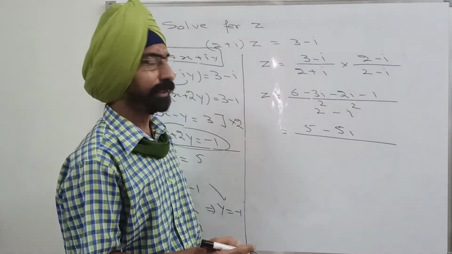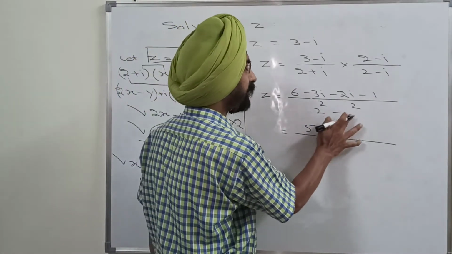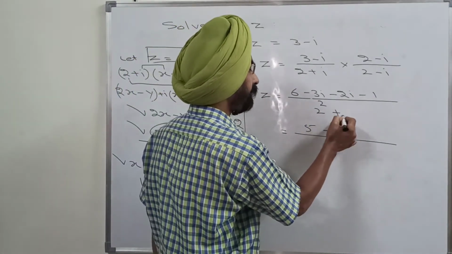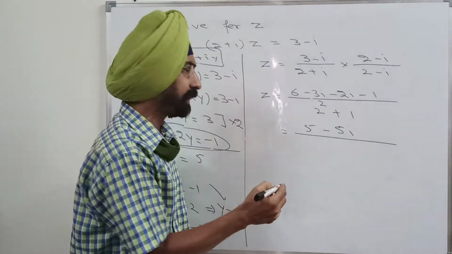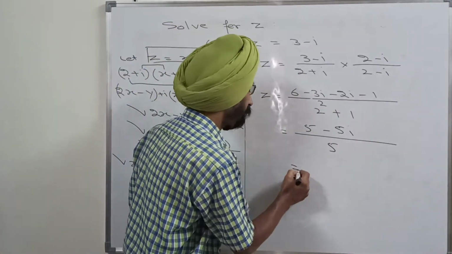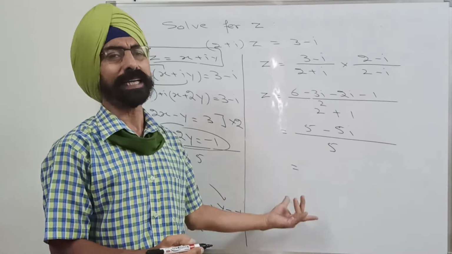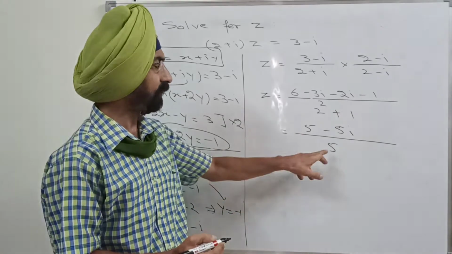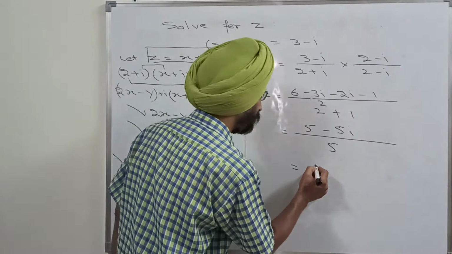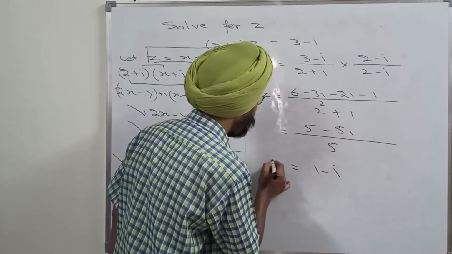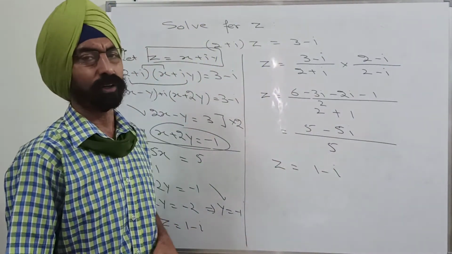In the denominator, this minus i square means plus 1, and 2 square plus 1 is 5. 5 is also common from the numerator. You can take 5 common and it will be cancelled out with the 5 of the denominator, and you will get 1 - i as the answer for z.